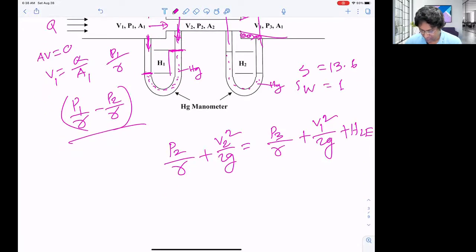So similarly we can write that equation, head loss due to sudden expansion is equal to P2 by gamma minus P3 by gamma.